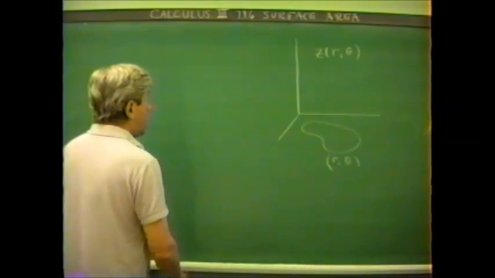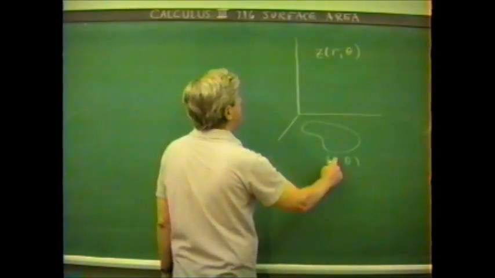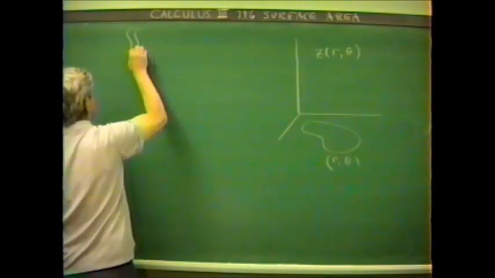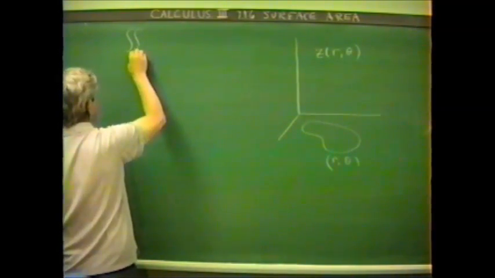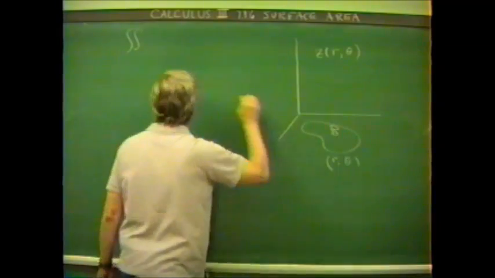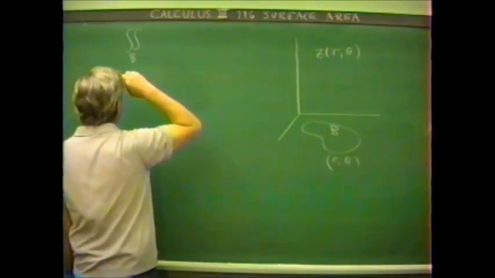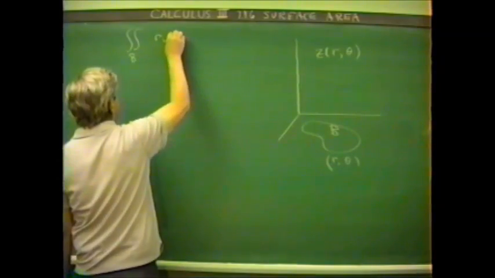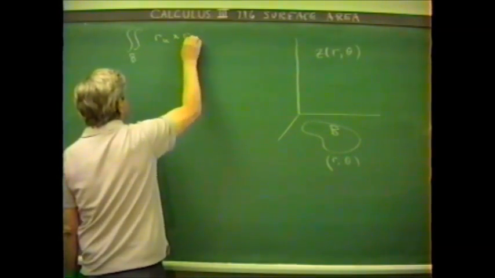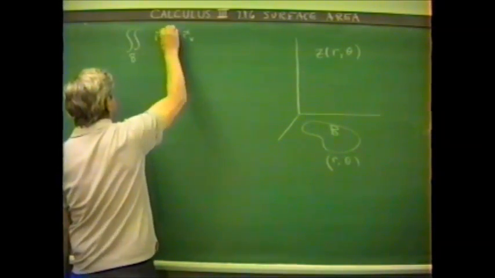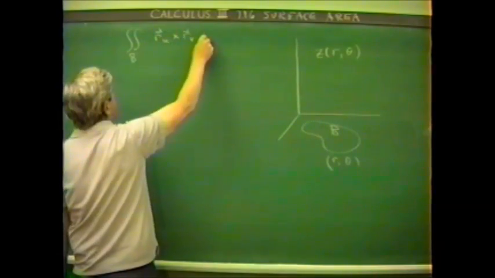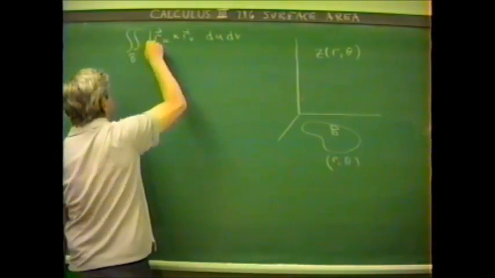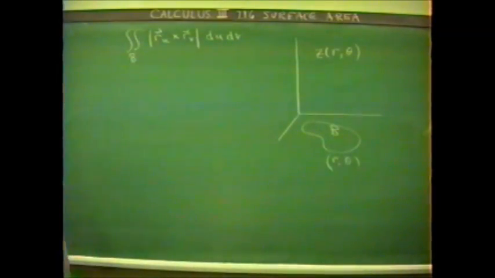We're going to distinguish between the little r here and our vector r, and recall that to compute the surface area we want to integrate over the region B the magnitude of the cross product of the partial of r with respect to u crossed with the partial of r with respect to v, du dv, where these are the vector valued functions r.